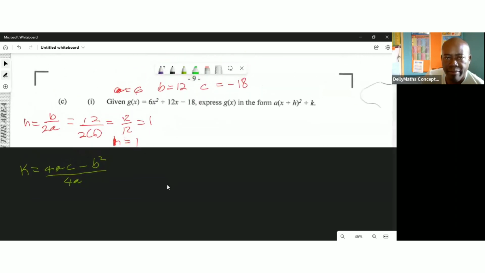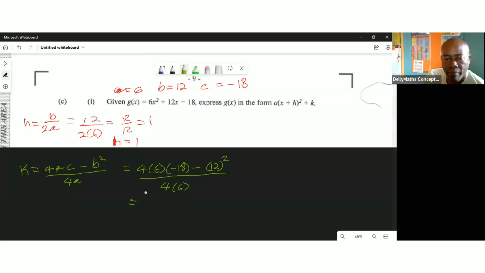All right, let's drop in the values that we have, right? So we're talking about having 4 times a, which is 6, times c, negative 18, minus b squared, which is 12 squared, all over 4 times a, and a is 6.